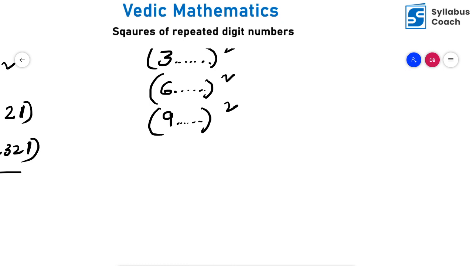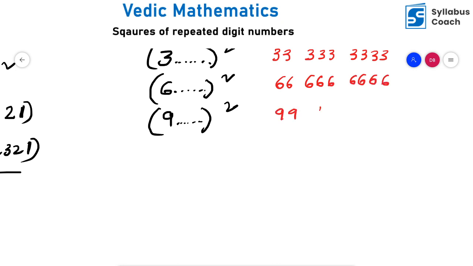When the numbers of the series 3, like 33 or 333 or 4 3s, and similarly 66 or 666 or 4 6s and so on, or 99 or 999 or 4 9s, when you square these kind of numbers, you can actually see a pattern that is being followed. How is it followed? Let's do that.